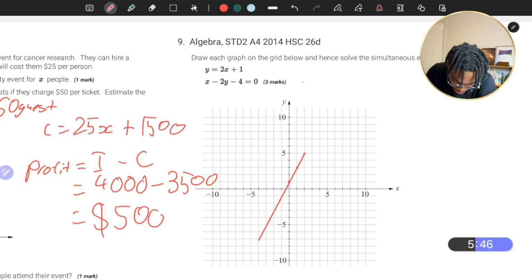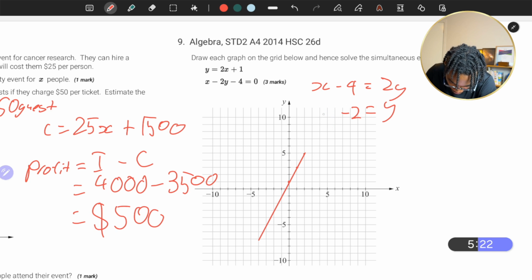Then for the next one, I'm going to move x minus 4 equals 2y, so y equals x over 2 minus 2. Perfect, that's all we need to do for that.